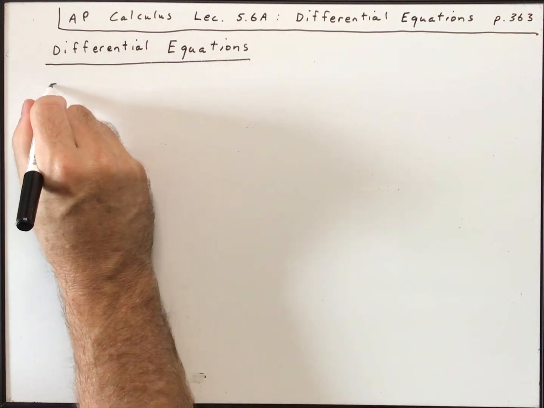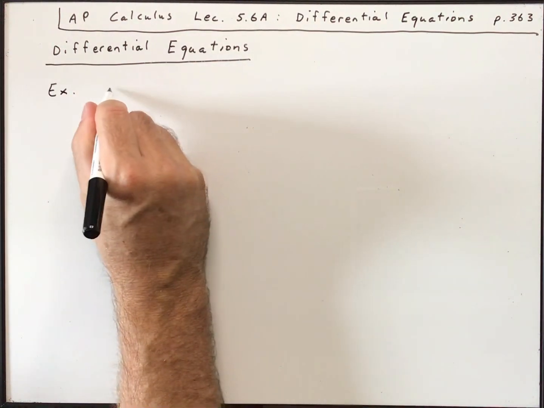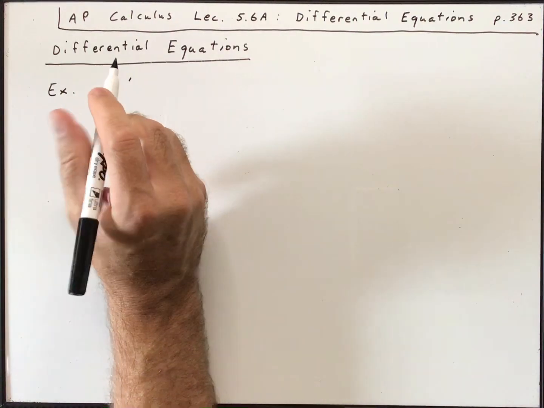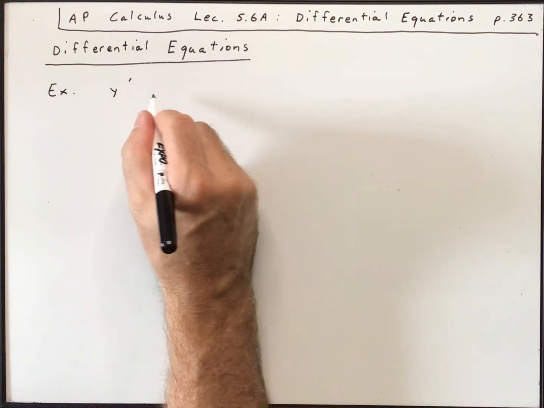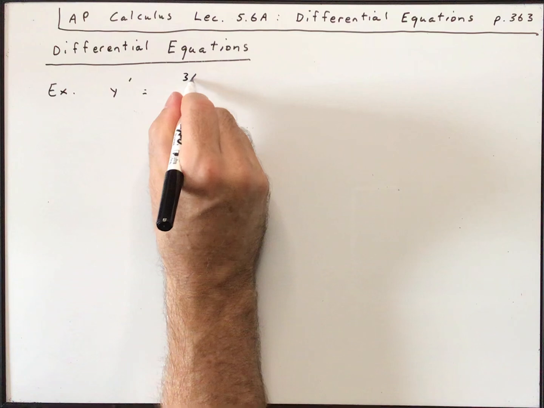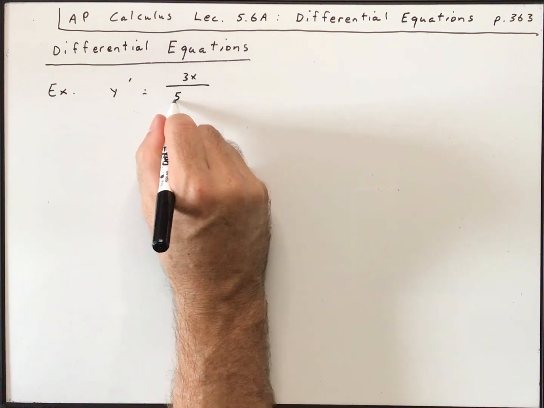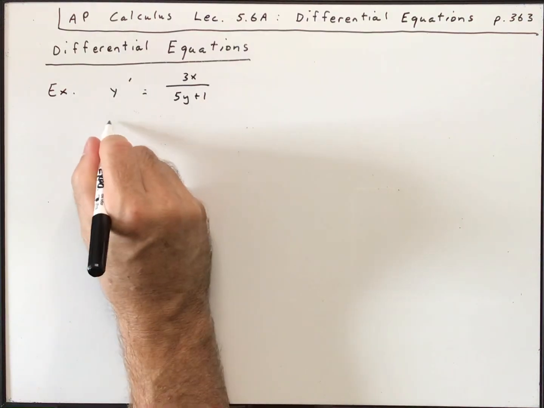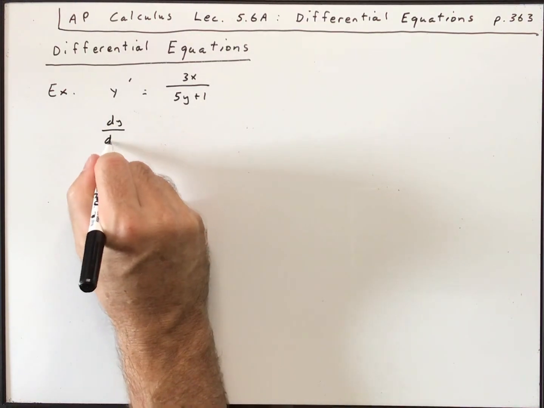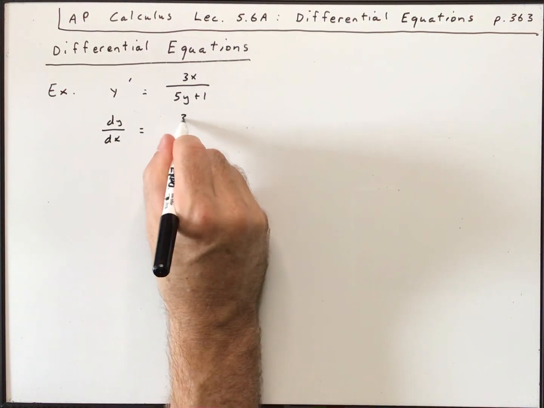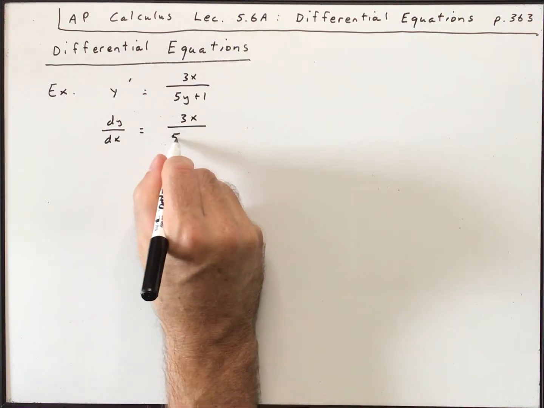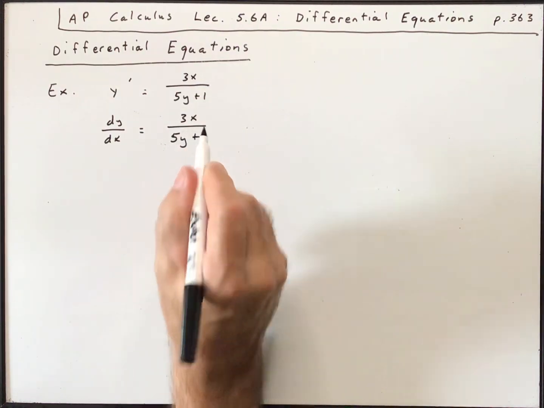All right, so this example is y prime is equal to 3x over 5y plus 1. The first thing to do is write y prime as dy over dx. Now this is pretty easy to separate the variables.